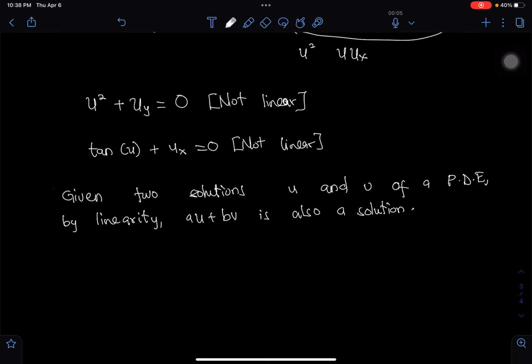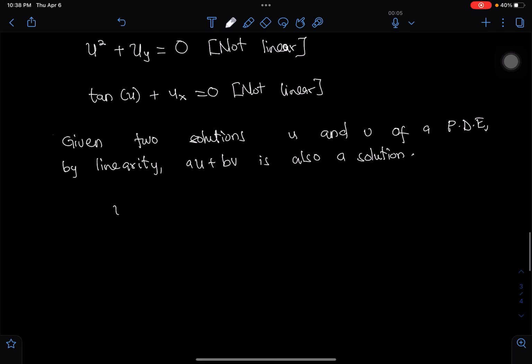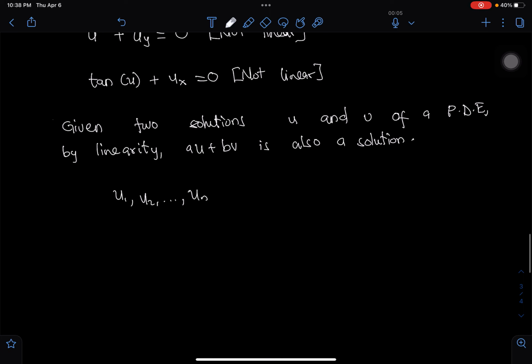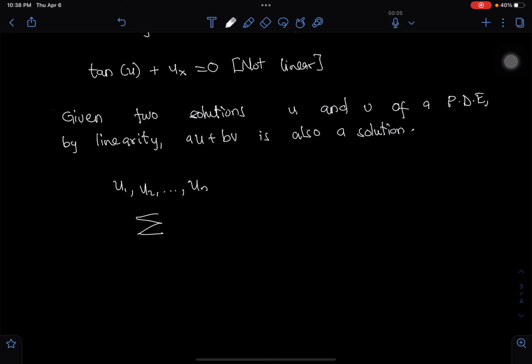Which means that if I have solutions u1, u2, all up to un, by linearity, the summation from i equals 1 to n of c_i u_i, where the c_i's are some constants, is also a solution.